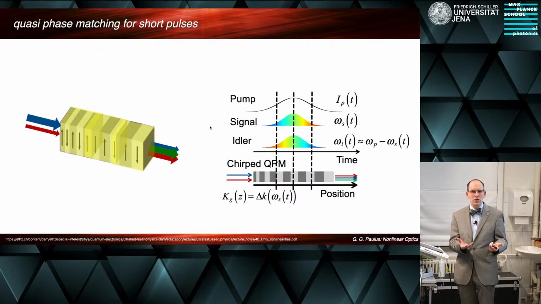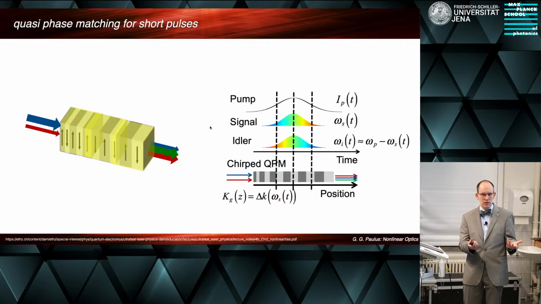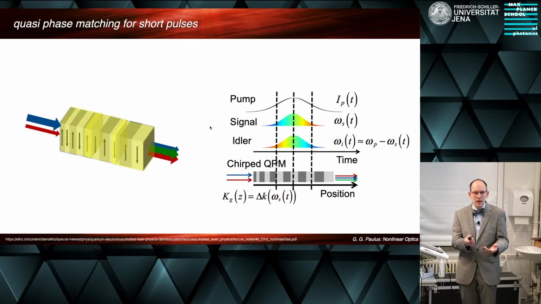This is then called chirped quasi-phase matching. Yeah, so this is another slide I stole from a Swiss colleague at the ETH. And what you can then do is to achieve, say, broader bandwidth, or you can avoid stretching the pulses and things like that. Of course, modeling is kind of complicated. There's a clever theory about that too, quite interesting mathematics.